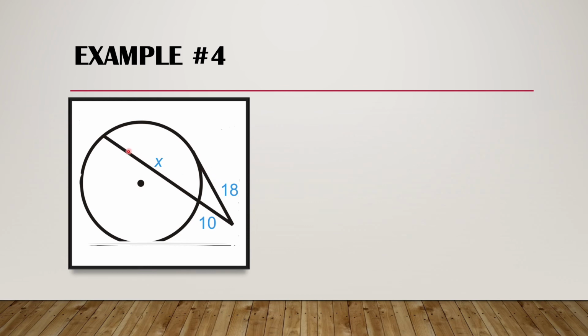We have a secant and a tangent. So we will use what power theorem? Okay, secant tangent power theorem. What will be the equation? Very good. So let's square first the tangent.